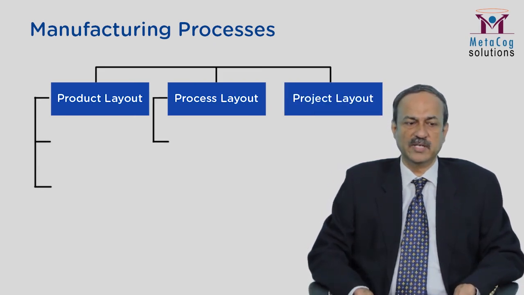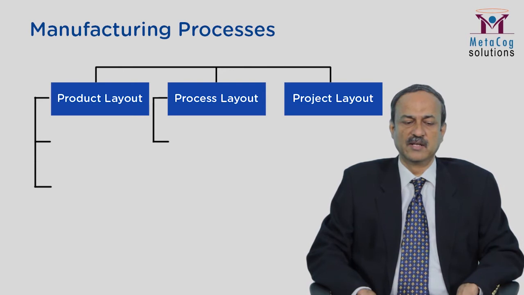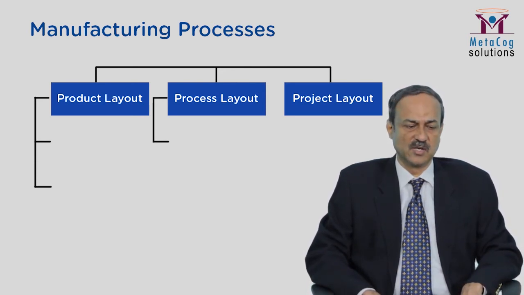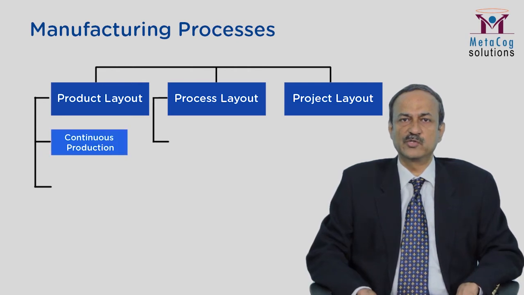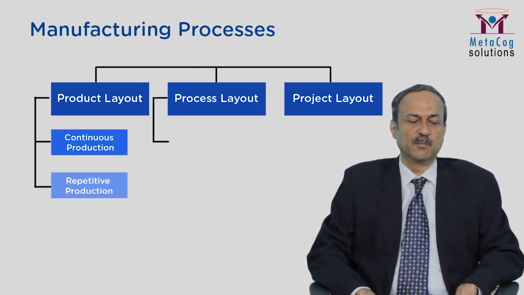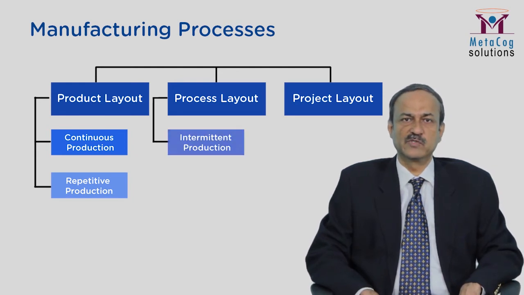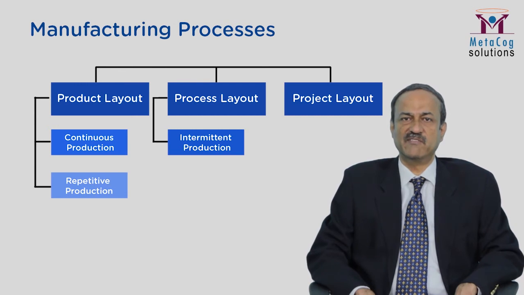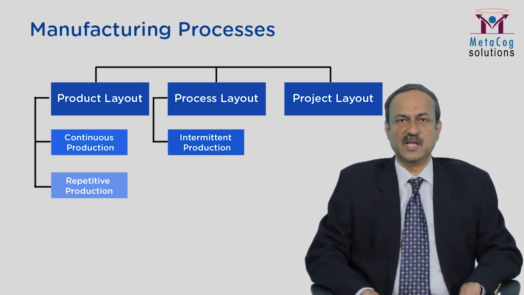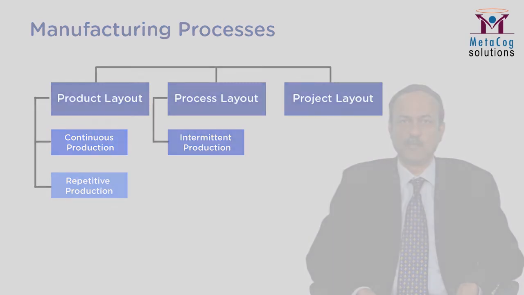Product layouts typically fall into 2 classes: one which is called continuous production and the other which is called repetitive production. Process layout on the other hand is used for intermittent production, which is also called discrete manufacturing or job shop manufacturing. Project layout, as the name indicates, is used for projects. Let us explore this in a little more detail.